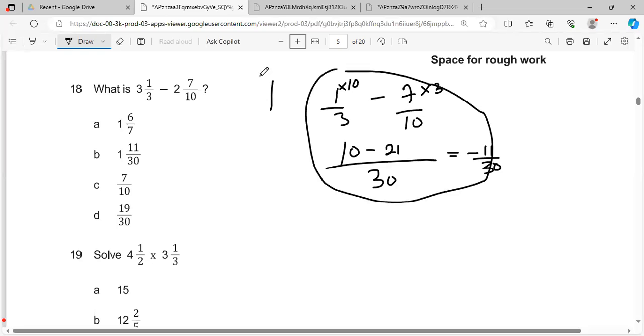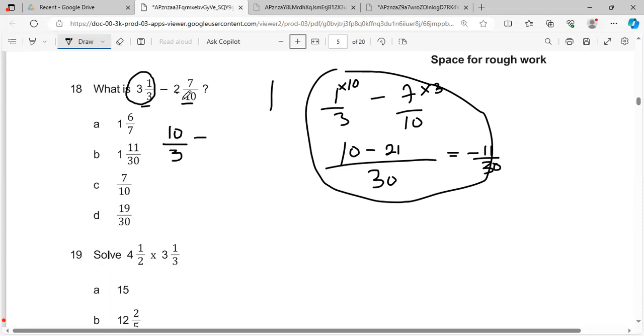Let me show you a different approach, guys. Why couldn't that work? Because 1/3 is actually less than 7/10. So 7/10 is greater. But what we could have done, I haven't taught you guys this as yet, we have to convert this to an improper fraction, which will give you 9 over 3, plus the 1, so 10 over 3.